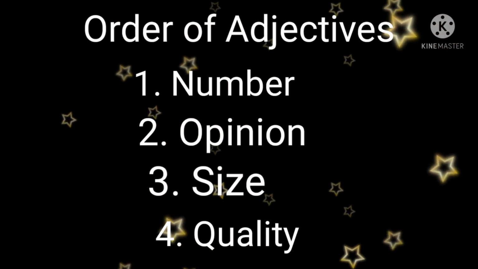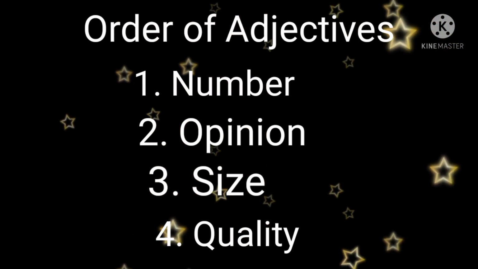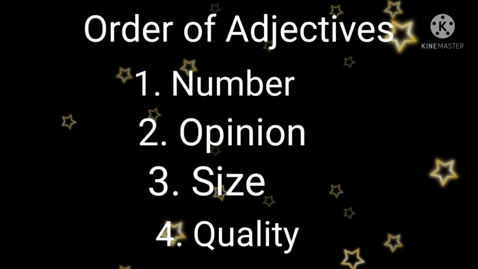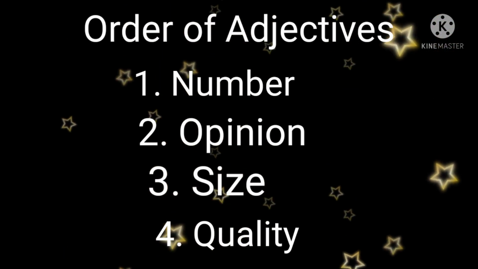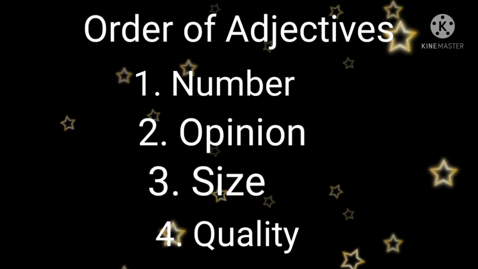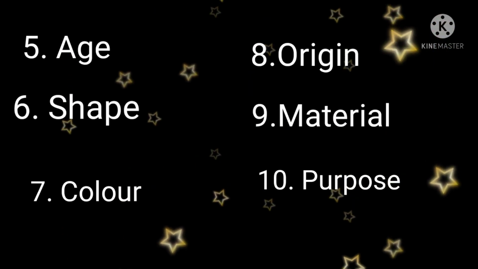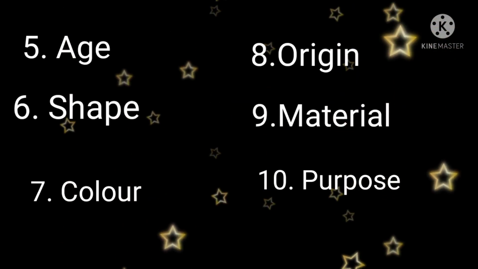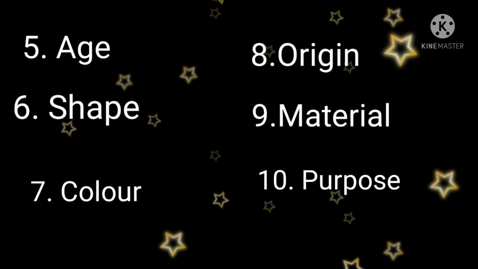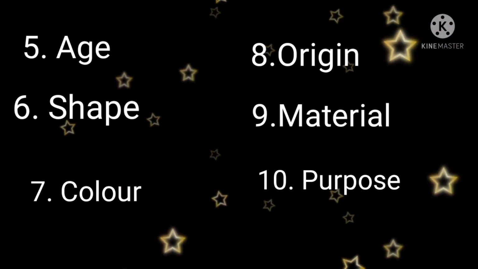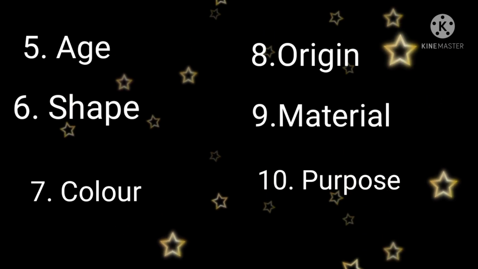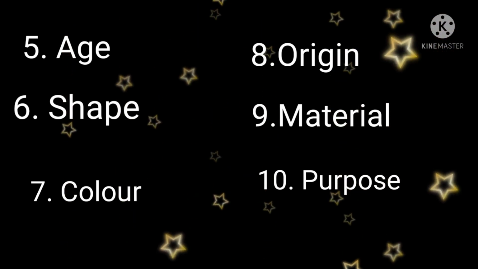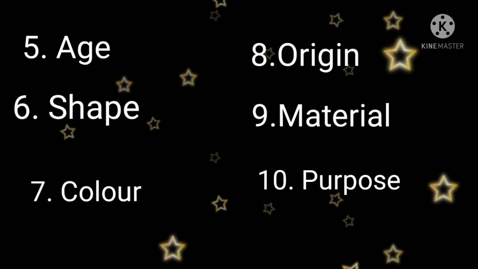If there is more than one adjective in a sentence, this should be the order. First is number, second is opinion, third is size, and fourth is quality. Fifth is age, sixth is shape, seventh is color, eighth is origin, ninth is material, and tenth is purpose.